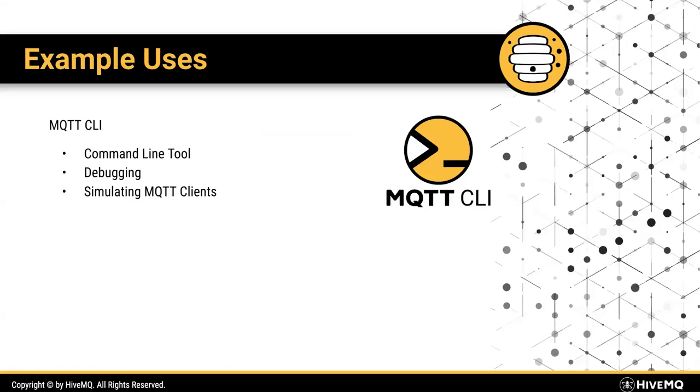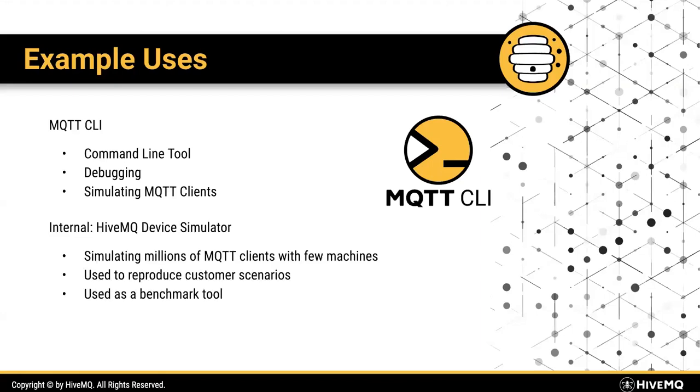I have two use cases that we have from HiveMQ, from the HiveMQ MQTT client, and these use cases really show how MQTT clients can be used for different use cases. So the MQTT CLI uses the HiveMQ MQTT client, and we have an internal device simulator tool that is able to simulate millions of MQTT clients with only a few machines.